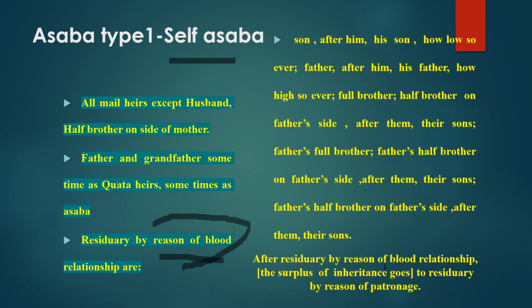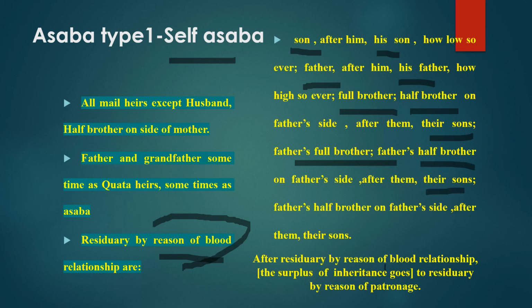Who are they? First comes the son. After him his son, how low soever. It means his son, his son's son, his son's son's son. Third is the father. After him his father, how high soever. And full brother, and half brother on father's side. After them their sons, and father's full brother and father's half brother on father's side.